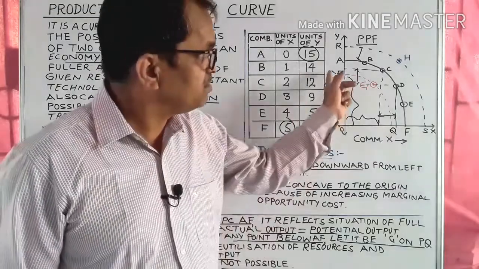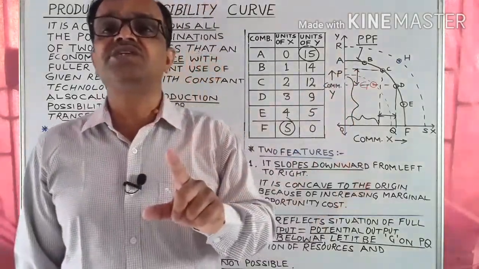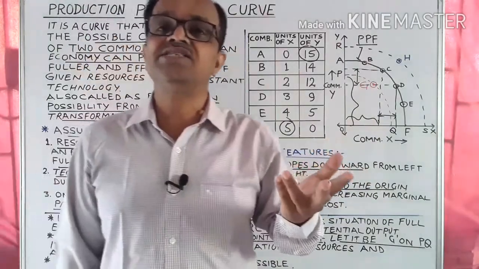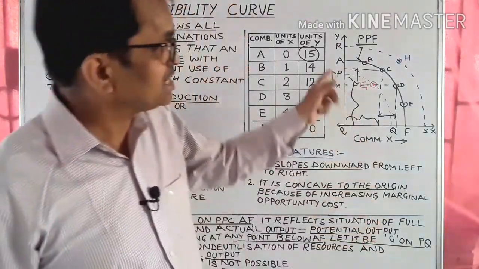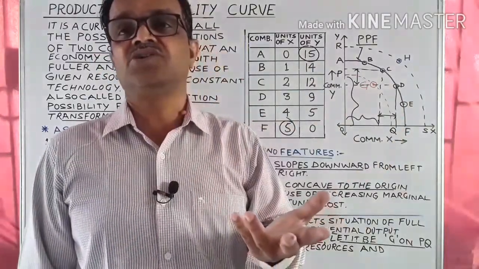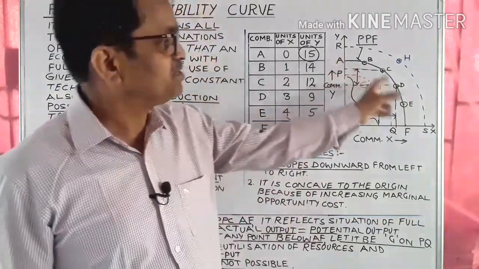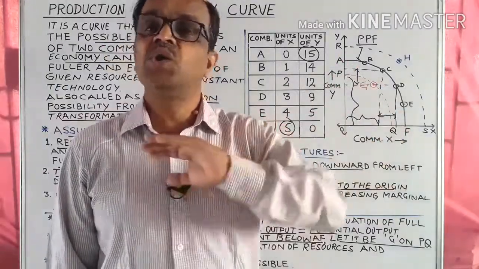So, as the number of units of commodity Y sacrificed to produce one additional unit of commodity X goes on increasing, there is increasing marginal opportunity cost, and due to increasing marginal opportunity cost, the PPC is concave to the origin.